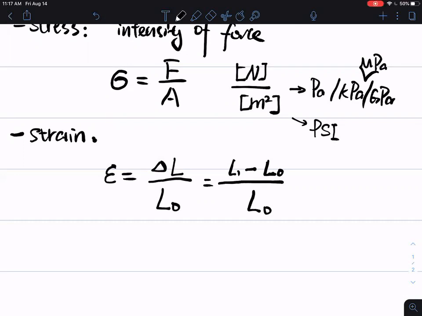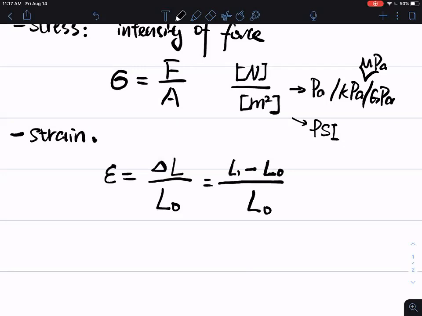What is the unit for strain? Is it unitless? To find out, look at the top: delta L, what's the unit of L1 minus L0?